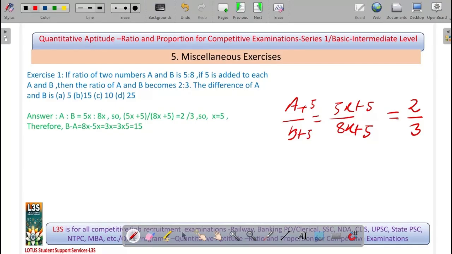So if we cross multiply, 3 into (5x plus 5) is equal to 2 into (8x plus 5).